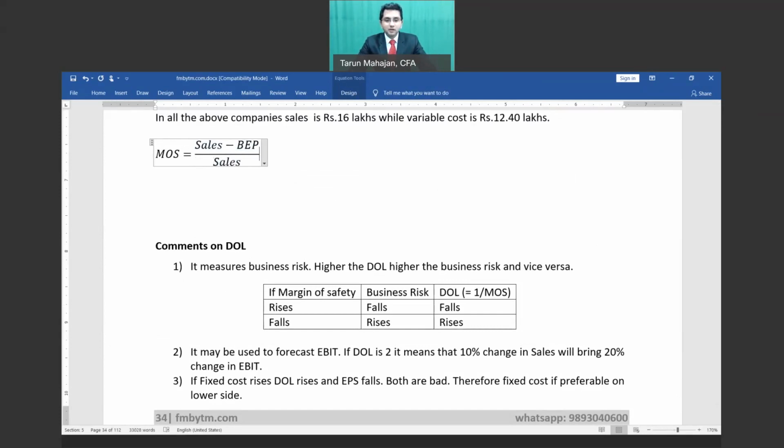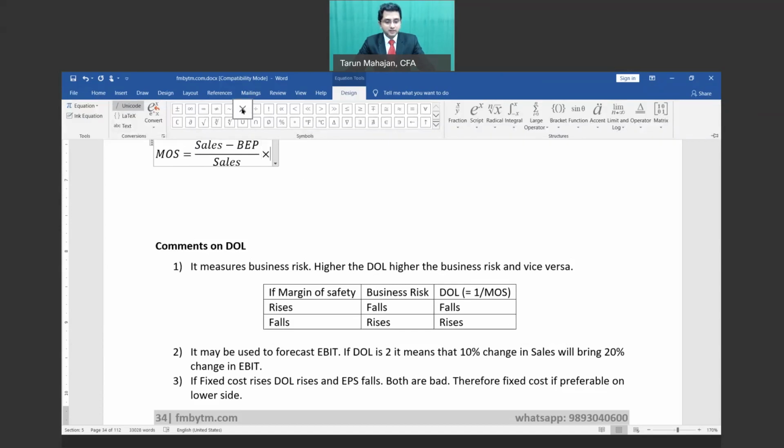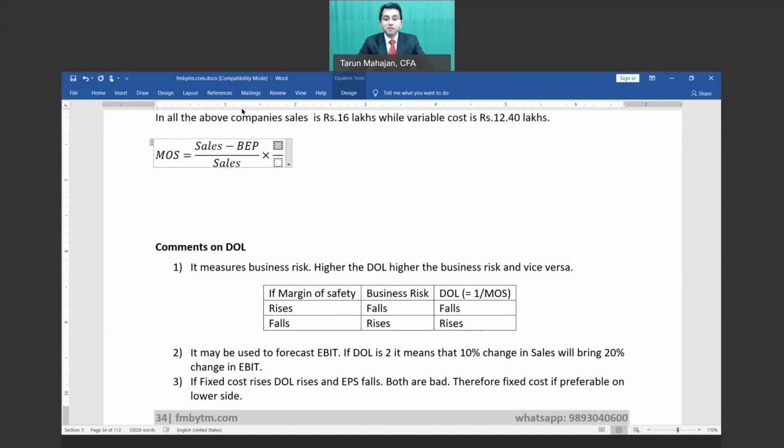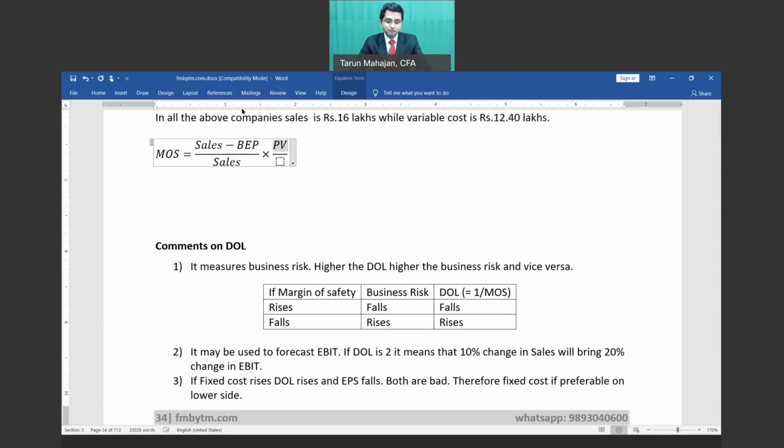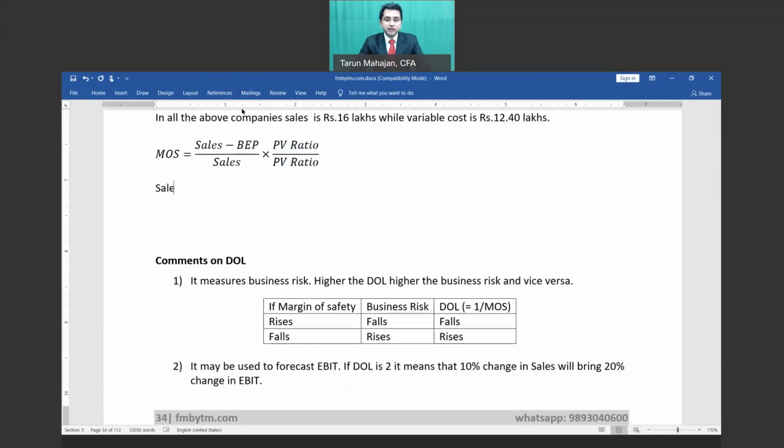Now I'm making one change to this formula: let's multiply this by PV ratio and then divide by PV ratio. So what will happen in the numerator? It will be sales multiplied by PV ratio, which is actually contribution.